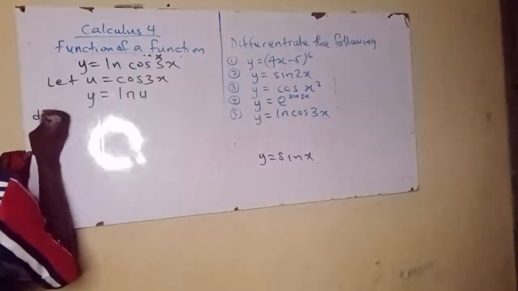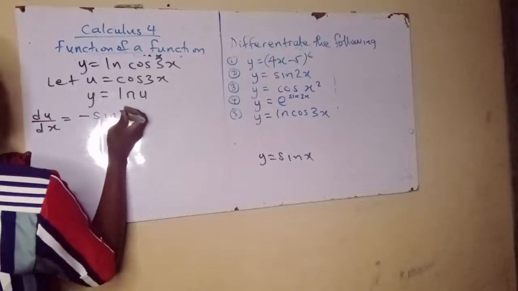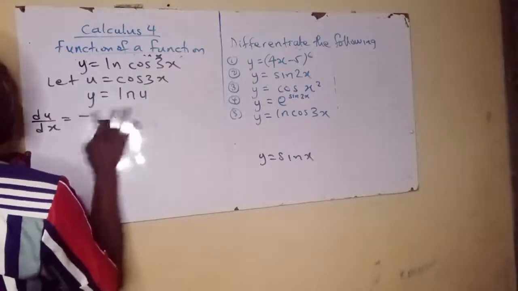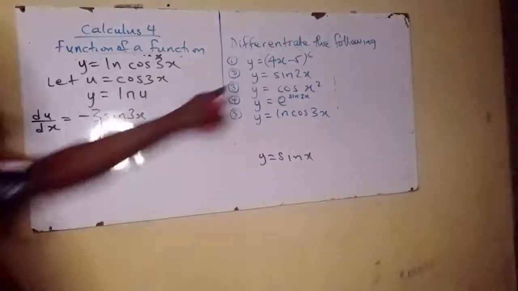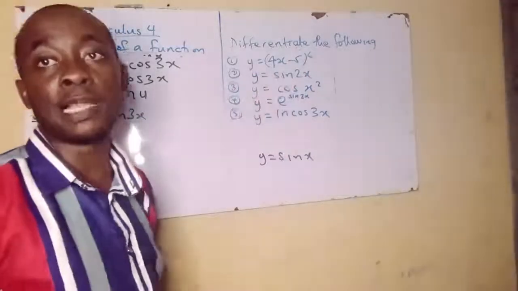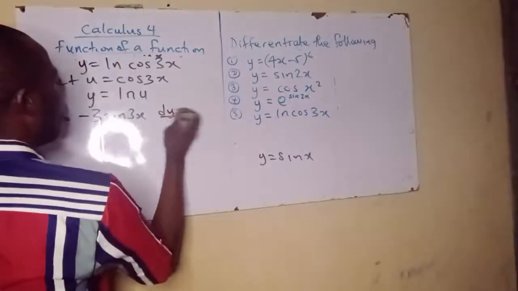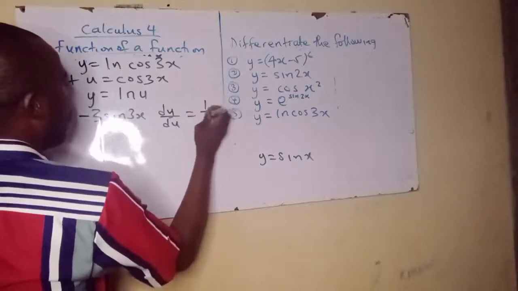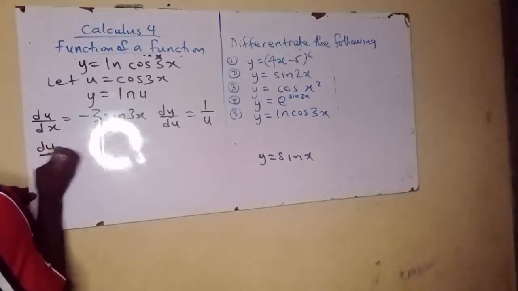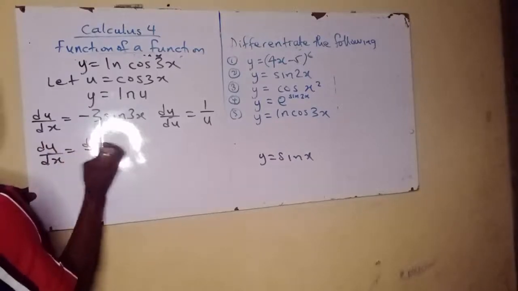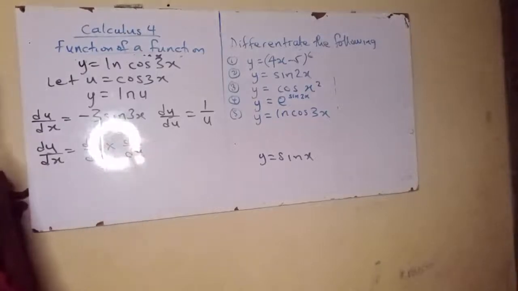Now my du dx will be equals to minus sin, no, minus 3 sin 3x. If you do it well, if you use the method I used here, you will know what I said. Now my dy du will be 1 over u. Now when it is like this I can say that dy dx is equal to dy du times du dx. So it is clear to us now.